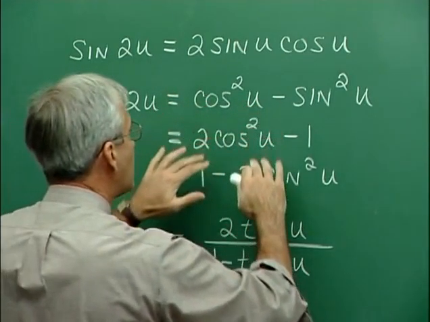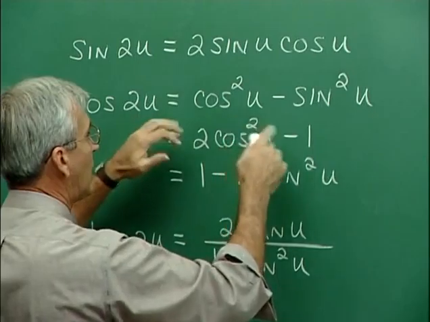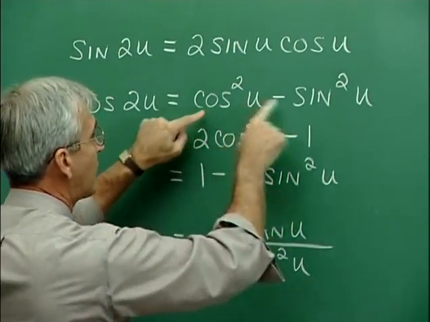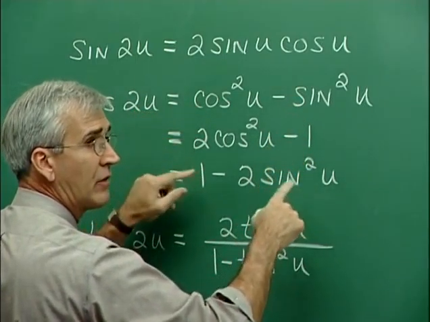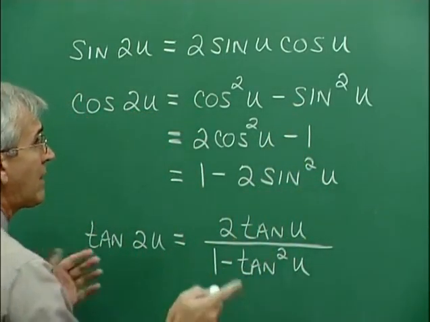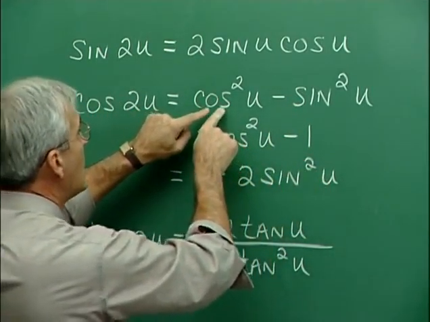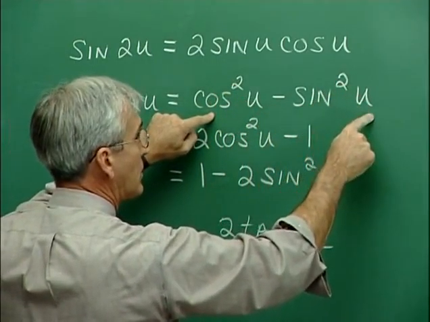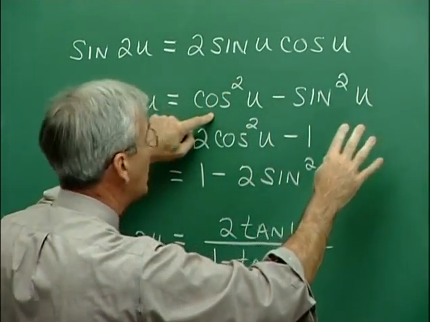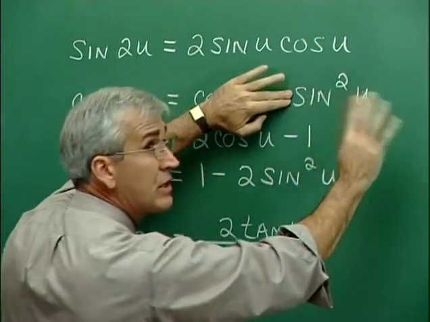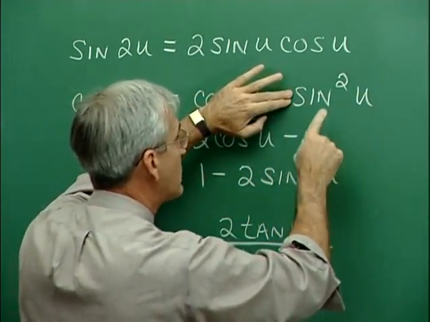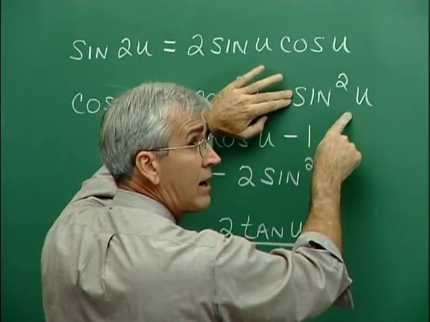Now, the second two can easily be derived from the first one, so you really only need to remember one, and then you can derive the other two as you need them. And the way they're derived is like this. You think of cosine squared u minus sine squared u. If we remember that one, then using the Pythagorean identity, we can think of sine squared as 1 minus cosine squared, you see.